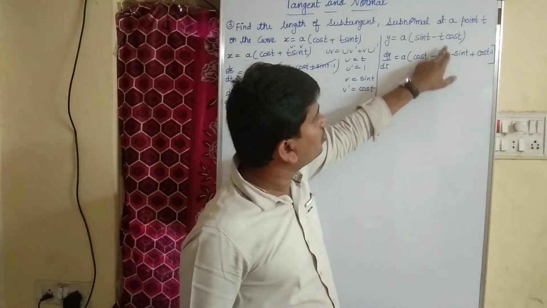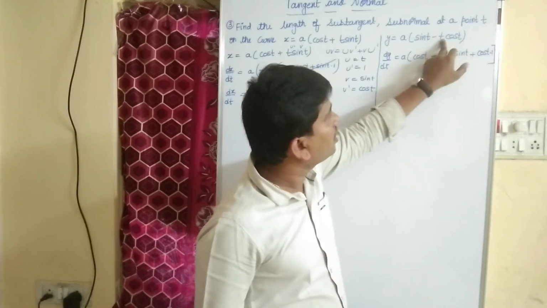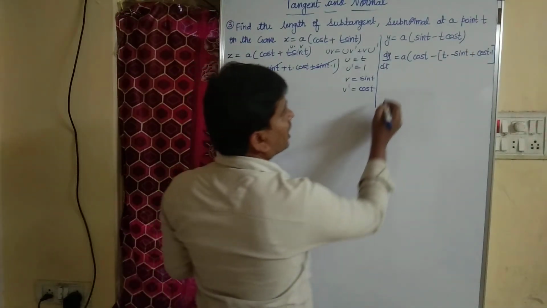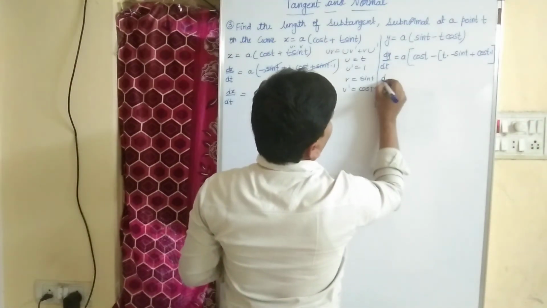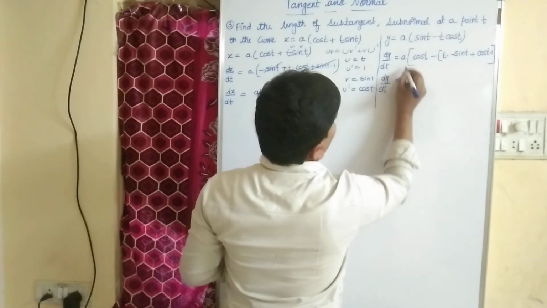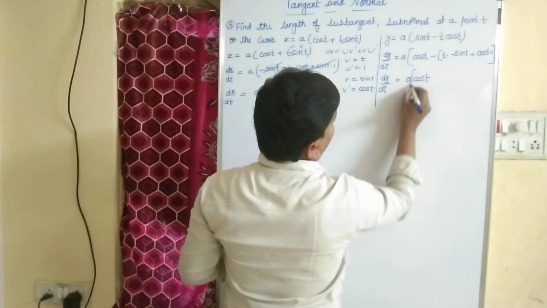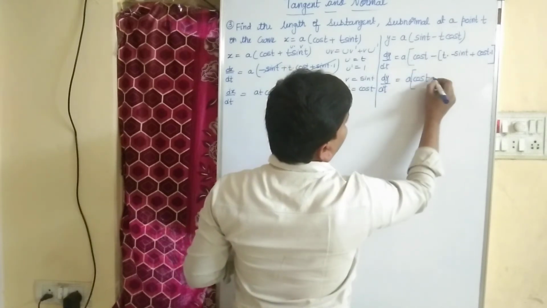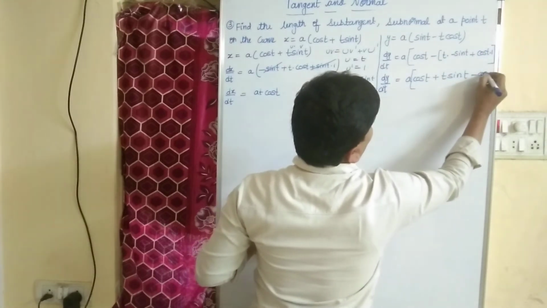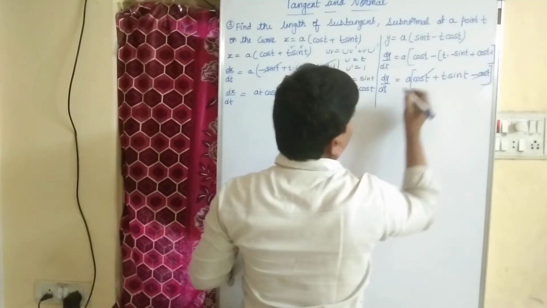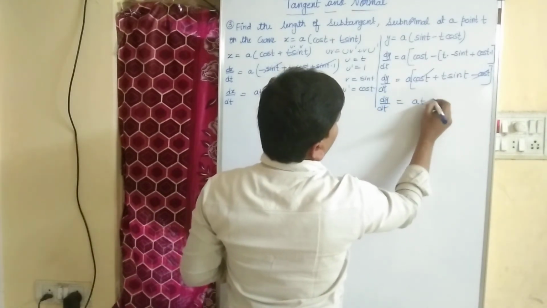That is the reason, u v dash, cos t derivative minus sin t, plus v, t derivative 1. Right? So dy by dt equal to a into cos t, a cos t, let it be a outside, cos t minus t sin t minus cos t. Minus cos t plus cos t gets cancelled. So dy by dt equal to a t sin t.